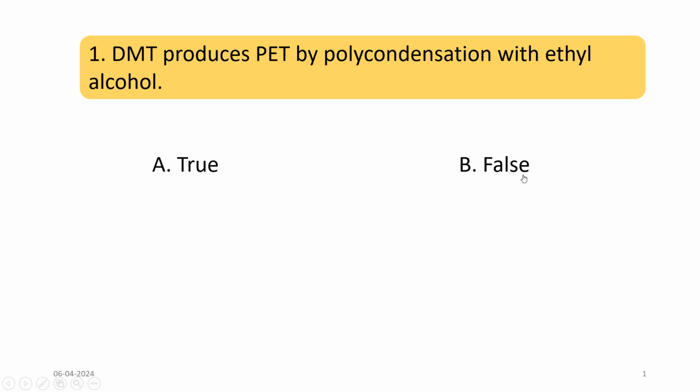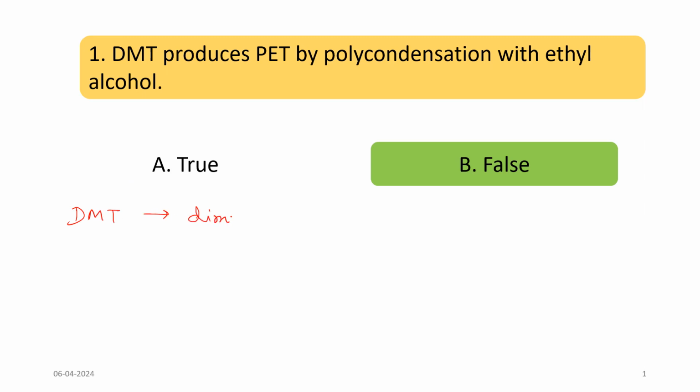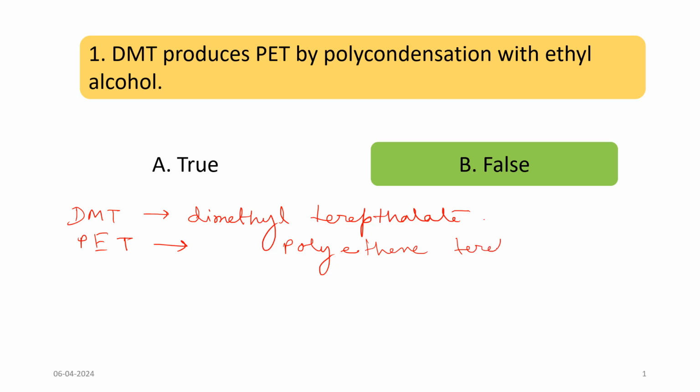So the answer is false. The answer is false because DMT is dimethyl terephthalate and PET is polyethylene terephthalate, right?